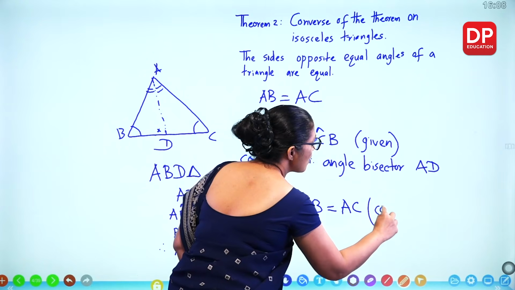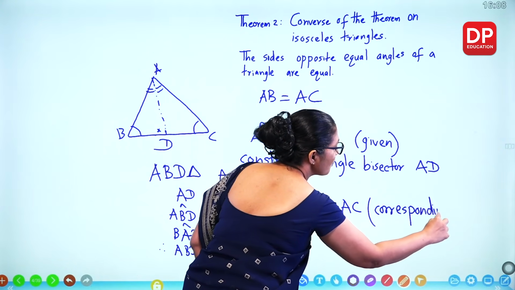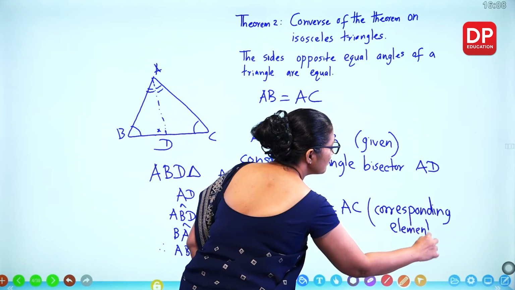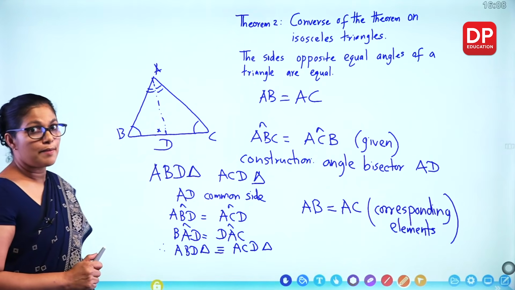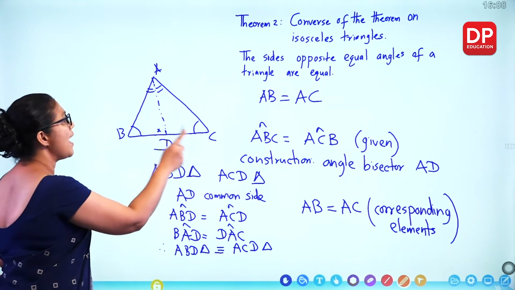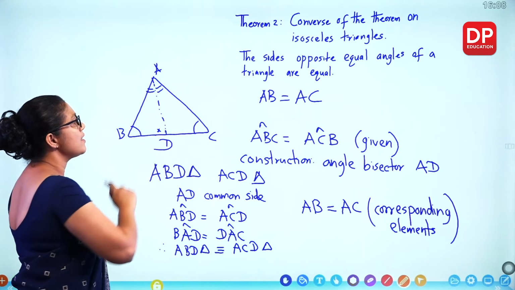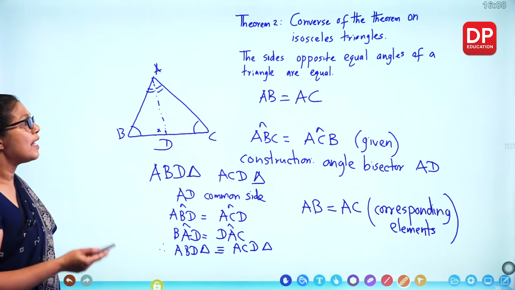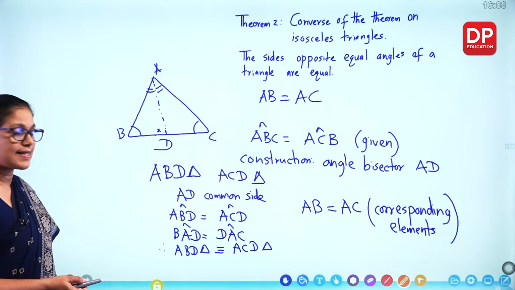Because these are corresponding elements. So here, what does theorem number 2 say? When there's a triangle with two angles equal, the opposite side to that angle is also equal.